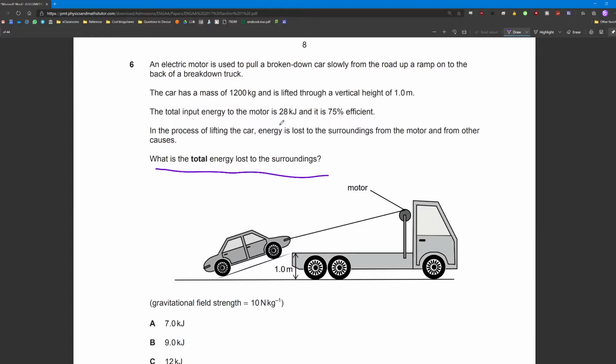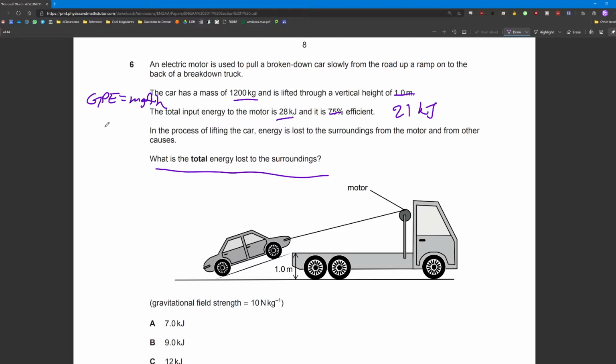Okay, so if input is 28 and 75% efficient, that means output is 21 kJ. That's because you should immediately recognize that 75% is 3/4, and 3/4 of 28 is 21. The car, 1,200 kilograms, is raised through a vertical height of 1 meter, and GPE is mg delta h.